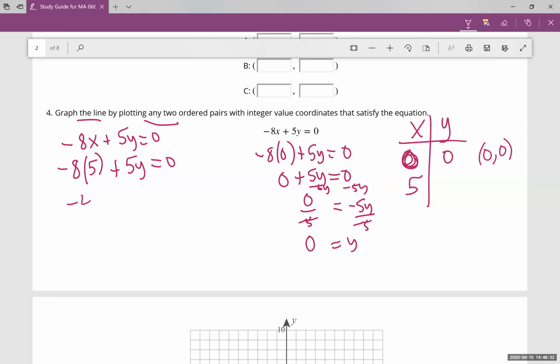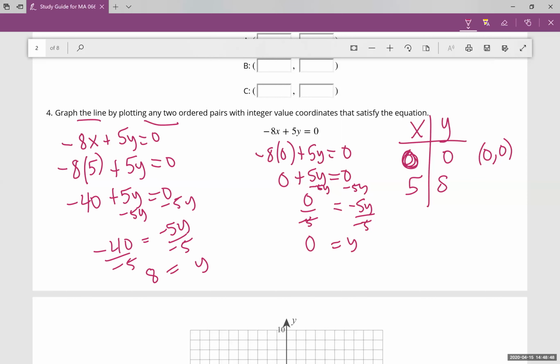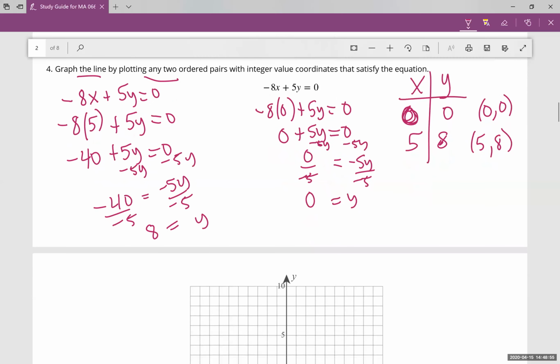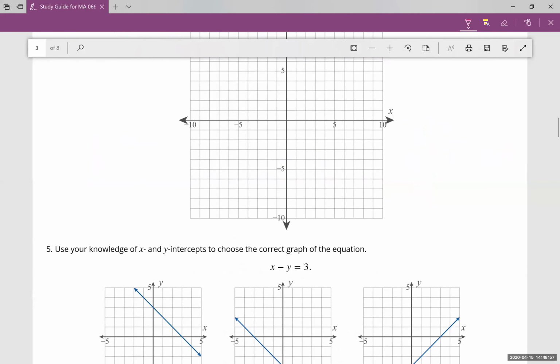So this time I have -40 plus 5y equals 0. -40 equals -5y. Divide by -5. And y equals +8. So I have my other coordinate. And after you have those two and you put that answer in, Hawks will automatically draw that line for you.